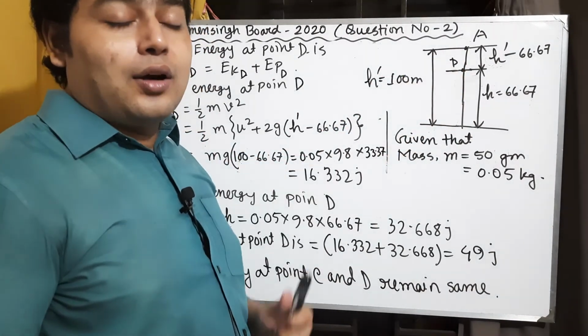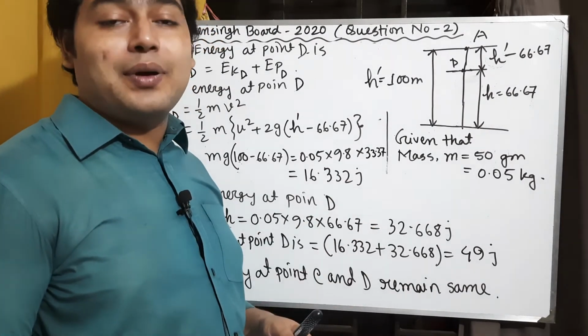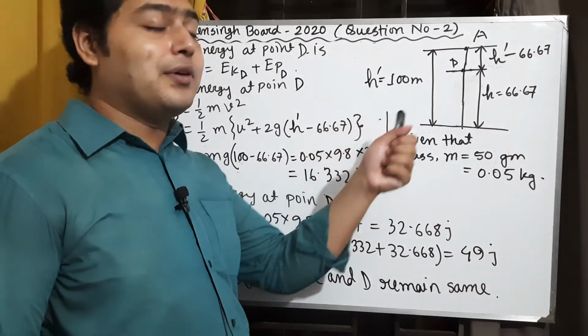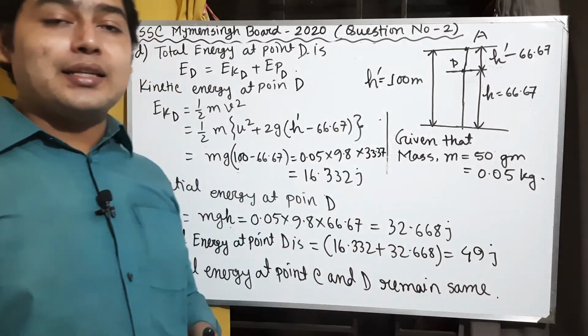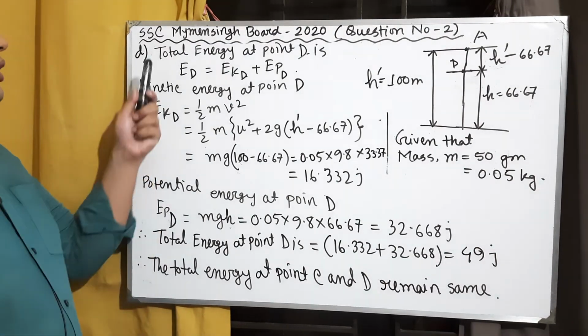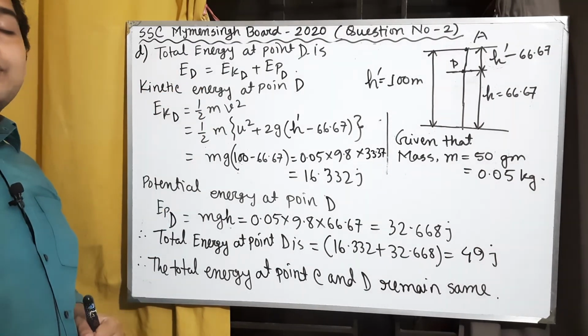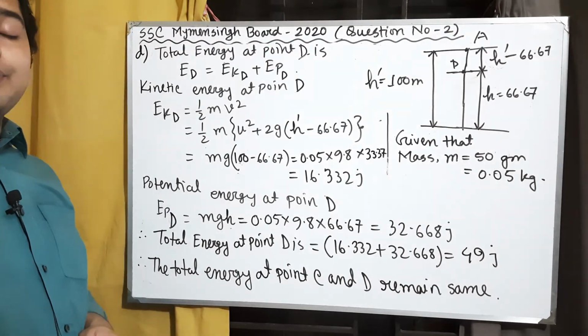The object has traveled s prime minus 66.67, where s prime is our total height of 100 meters. The total energy at point D is ED equals EKD plus EPD.